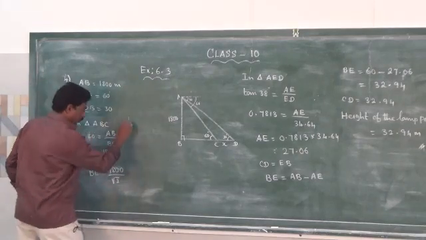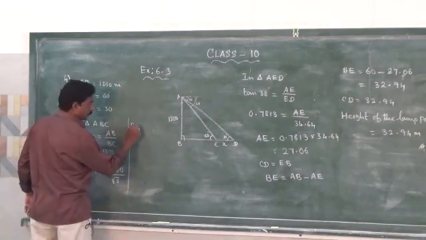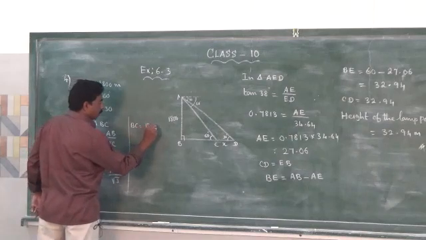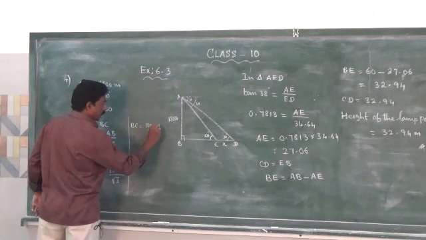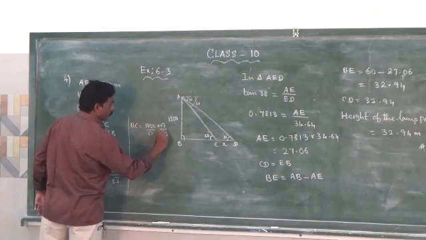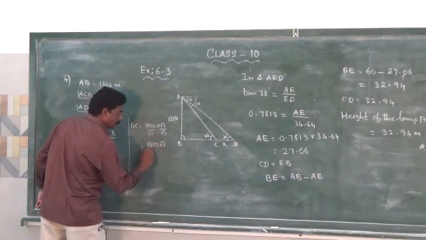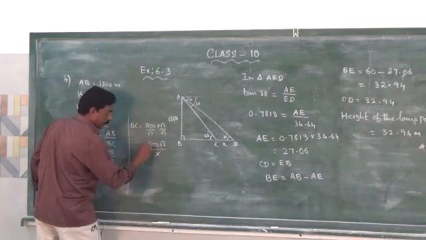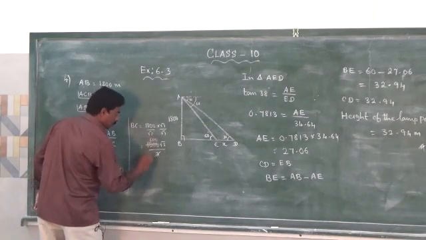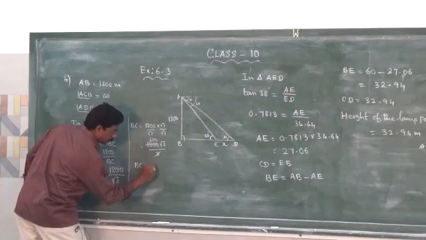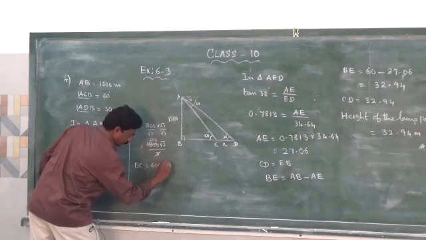So when you multiply both sides by root 3, you will get 1800 root 3 by 3. When you cancel, BC is 600 root 3.